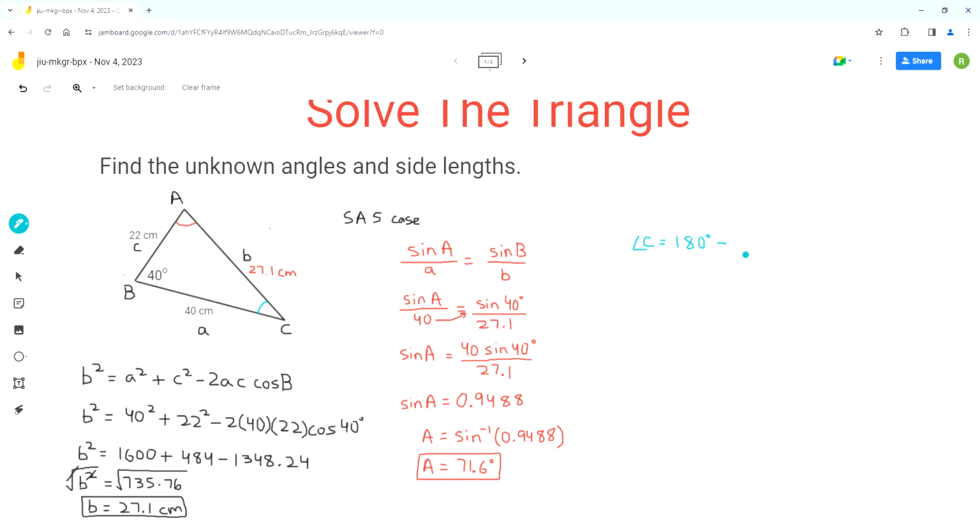So we can do 180 degrees minus 40 degrees, the given angle, and minus 71.6 degrees, the second angle we found. And now we can evaluate this expression. So I got 68.4 degrees. So this is the measure of angle C.